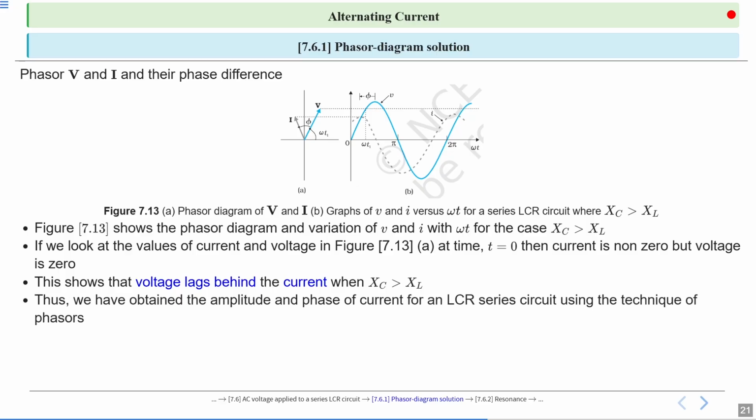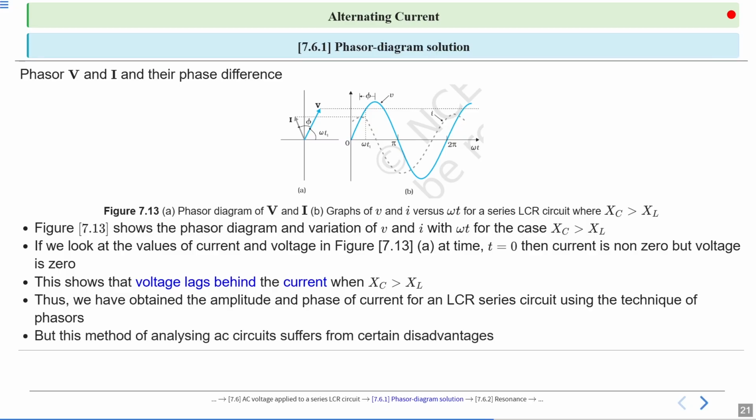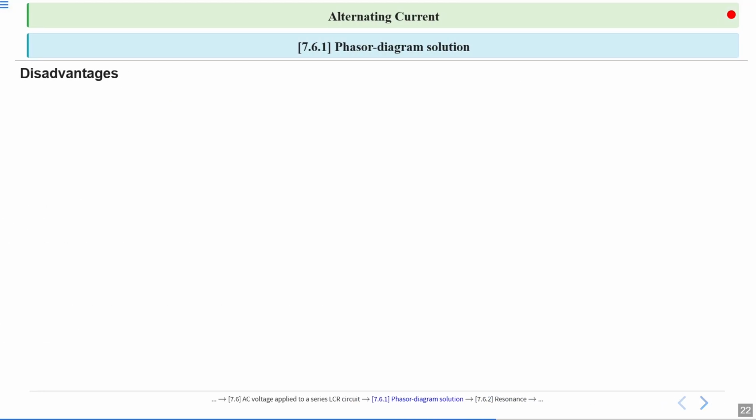Thus, we have obtained the amplitude and phase of current for an LCR series circuit using the technique of phasors. But this method of analyzing AC circuits suffers from certain disadvantages. So what are the disadvantages? First, the phasor diagram says nothing about the initial condition. What was the voltage and what was the current initially?